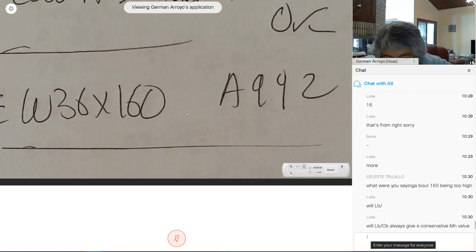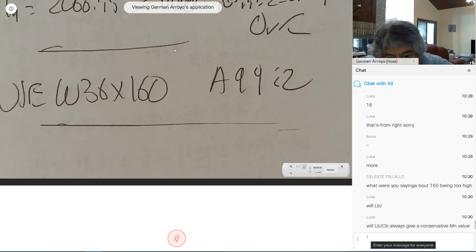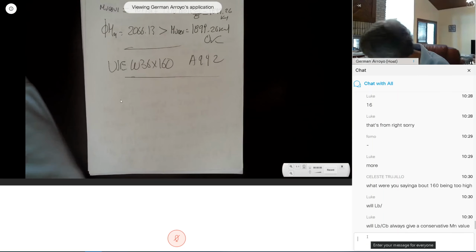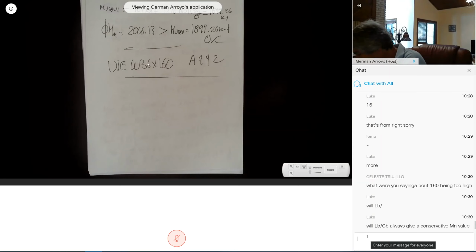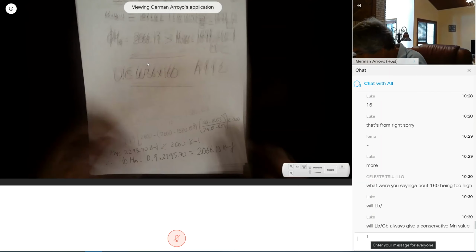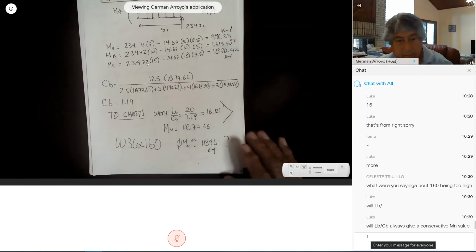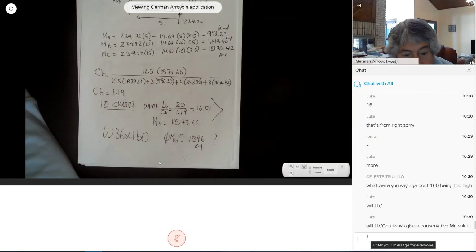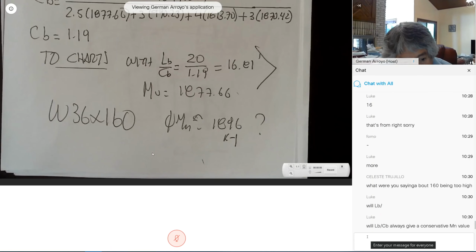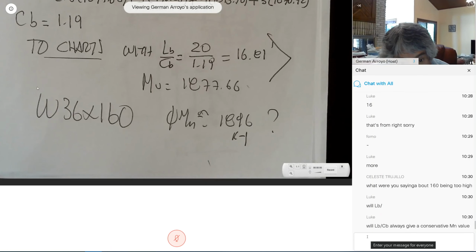And the second question also always gives you a conservative value. Well, when you divide it, Lb over Cb, this is going to give you the answer. When we went with Lb over Cb, the section that we select always is going to work for Fy equal to 50.